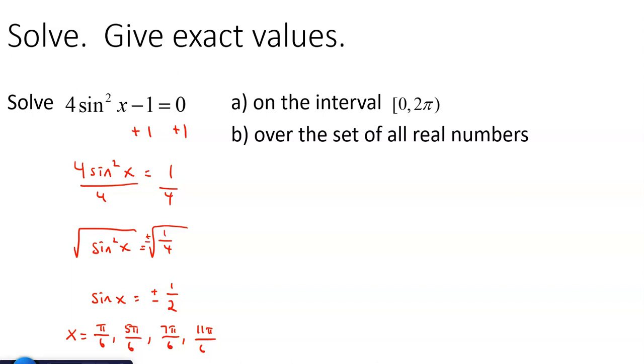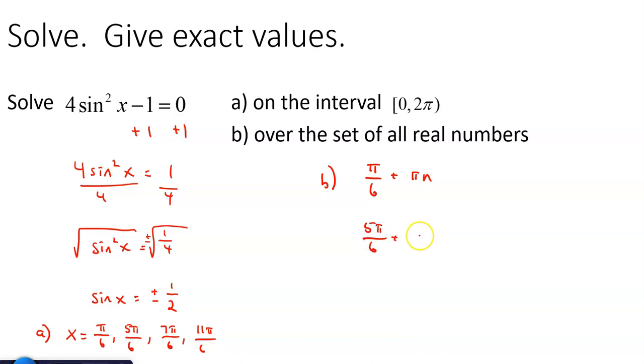So how can I shorten up my answer? Because I don't want to do a plus 2 pi n for each one of these. So this is the answer to part A on the interval from 0 to 2 pi. Over the set of all real numbers, you notice that if I have a pi over 6 and I add pi, I get 7 pi over 6. Add pi to that, I get 13 pi over 6. So I can actually add pi n and then try my 5 pi over 6.